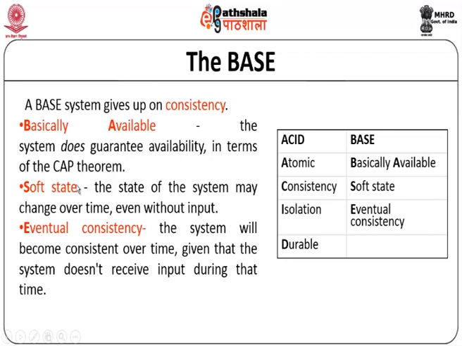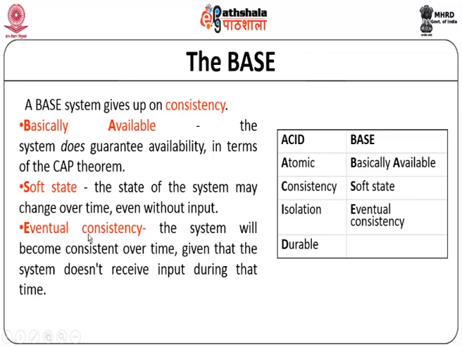Soft state: the state of the system may change over time even without input, that is, the consistency related to the data may change over time and the consistency may come into the picture only after a particular program or a particular action has been taken in the given database. So, it becomes eventually consistent, that is the meaning of soft state.